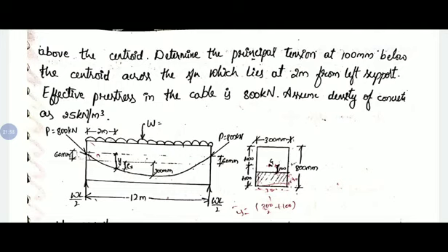So this sentence, determine the principal tension at 100 mm below the centroid across the section which lies at 2 meter from left support. So in our figure, if you observe from left support, we need to consider the section at 2 meter away from left support. In that section again, 100 mm below the centroidal axis. So 800 is the overall depth of the section, so 400 will be the centroidal axis.